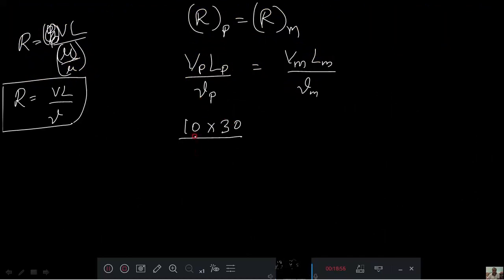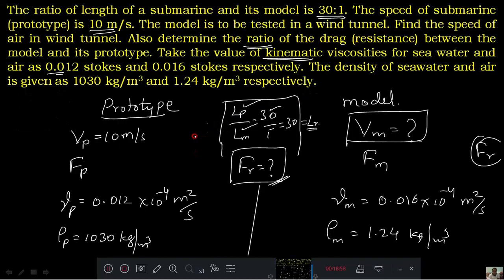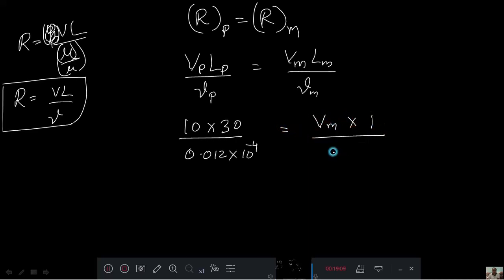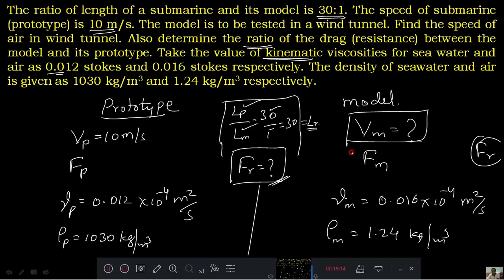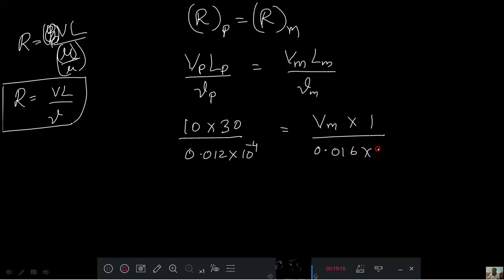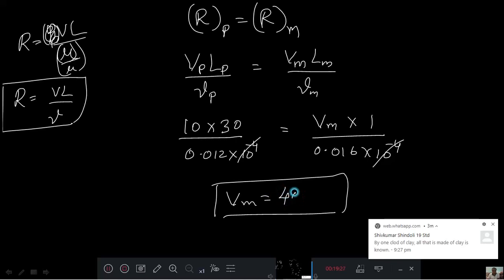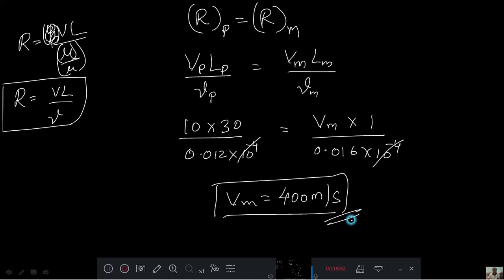Then nu p is given as 0.012 into 10 raised to minus 4, equal to Vm, which I don't know, times Lm 1, divided by 0.016 into 10 raised to minus 4. 10 raised to minus 4 cancels, then you will get Vm equal to 400 meter per second. Okay, this is your velocity.